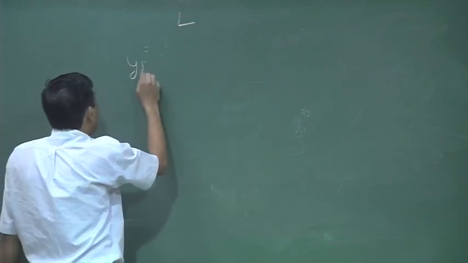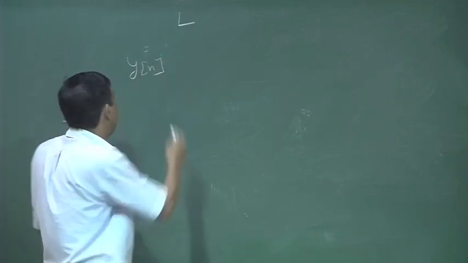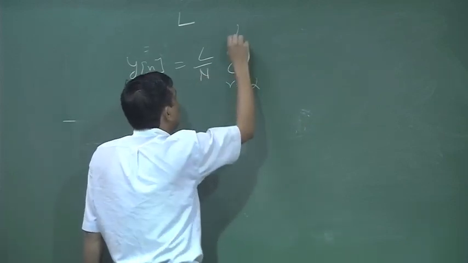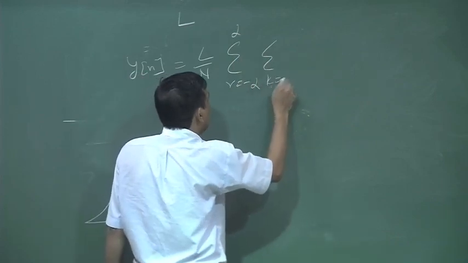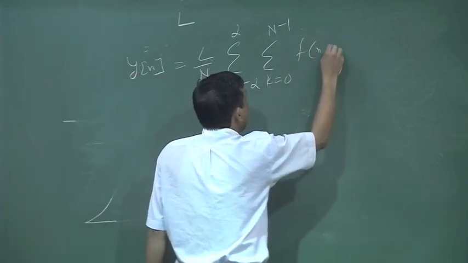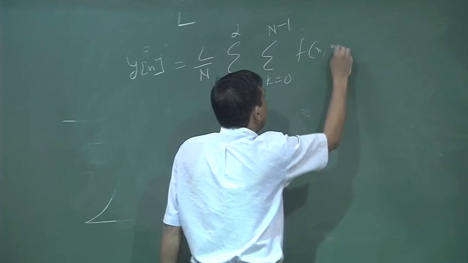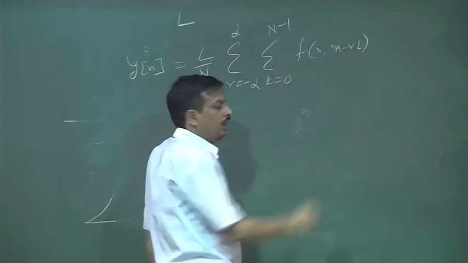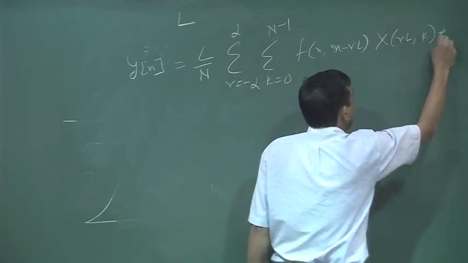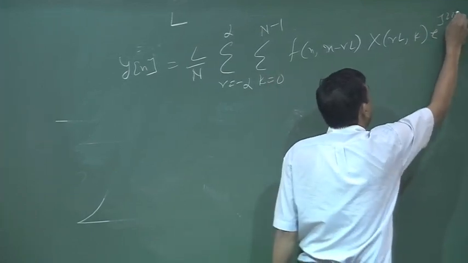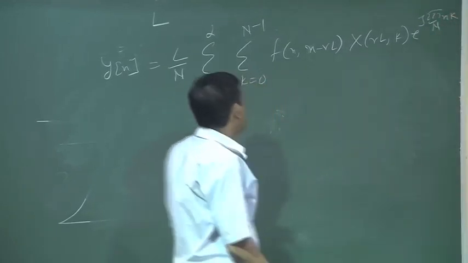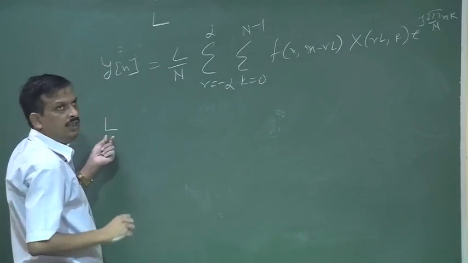So, I can say y[n] after I take the IDFT is nothing but L by N into the sum over r equal to minus infinity to infinity and k equal to 0 to N minus 1, N is the DFT length, f of n, n minus rL, into X of rL, k, e to the power j 2 pi by N into nk. So, I said L is the decimation in time.